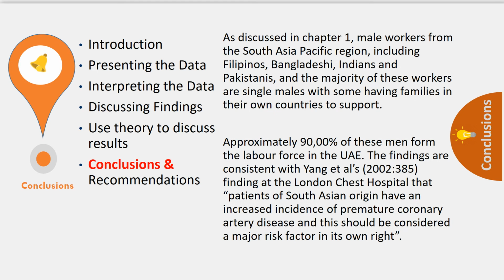As discussed in Chapter 1, male workers from the South Asia Pacific region, including Filipinos, Bangladeshis, Indians and Pakistanis, and the majority of these workers are single males, with some having families in their own countries to support. Approximately 90% of these men form the labour force in the UAE. The findings are consistent with Yang et al.'s 2002 finding at the London Chest Hospital that patients of South Asian origin have an increased incidence of premature coronary artery disease, and this should be considered a major risk factor in its own right.